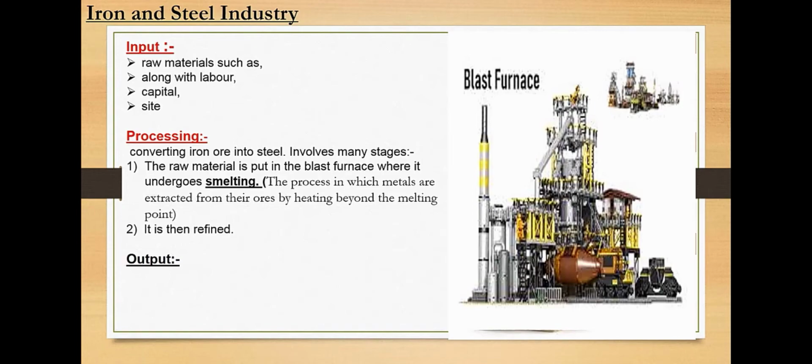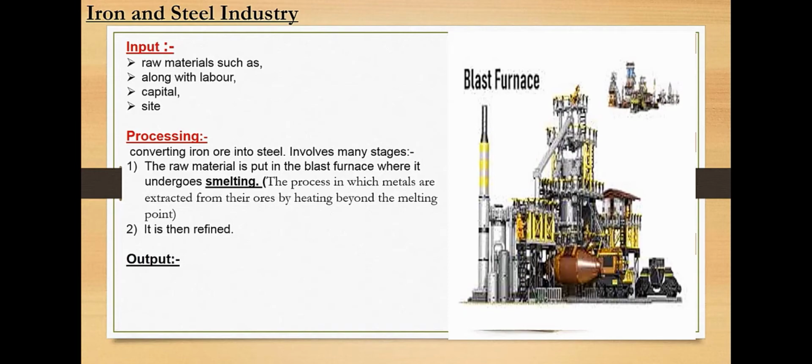What is meant by smelting? It is a process in which metals are extracted from their ores. For example, if you get the iron ore from the rocks, it will convert that iron ore into metal. In a furnace, they will mix this iron ore, limestone and coal, and they will melt everything and convert that iron ore into a particular iron rod.